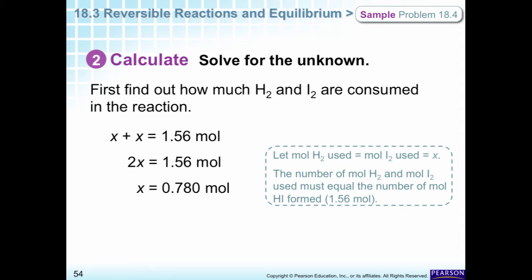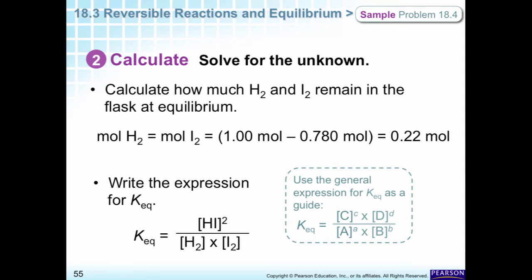We have x plus x equals 1.56. 2x equals 1.56, so x must be 0.780 moles of H2 and I2 that are consumed. And if we had 1 to start with, we would subtract that number from 1. So there's 0.22 moles of each of them left over.